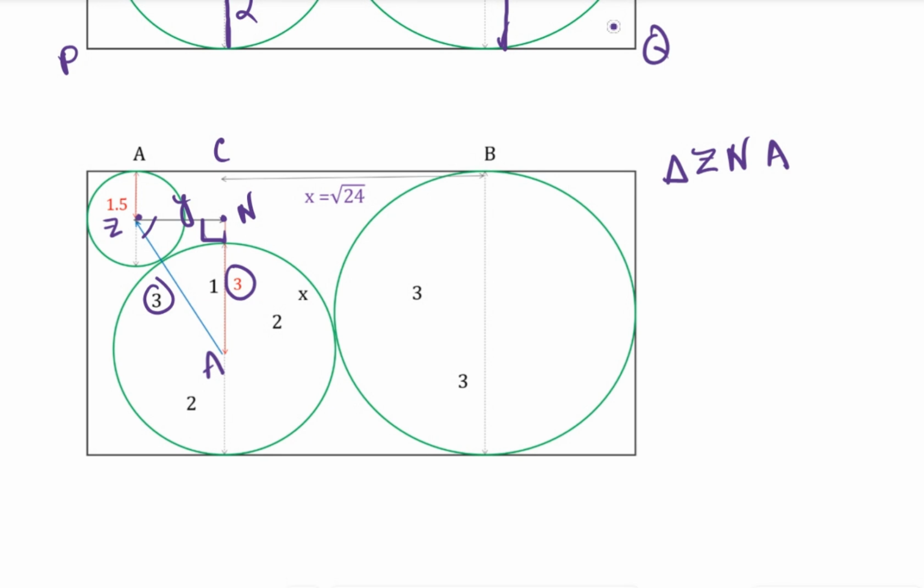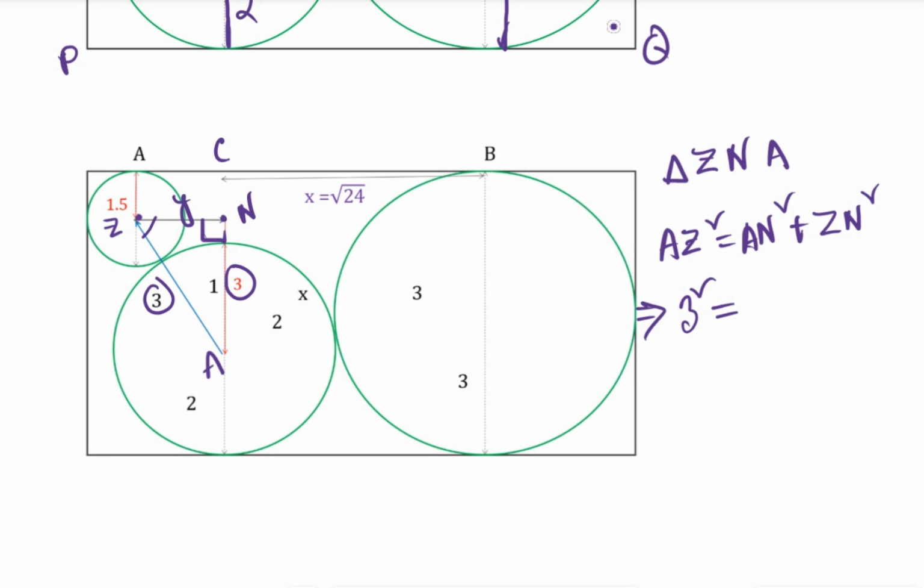Indeed, what we can do is AZ square equals AN square plus ZN square. What is the value of AZ, which is 3 square?